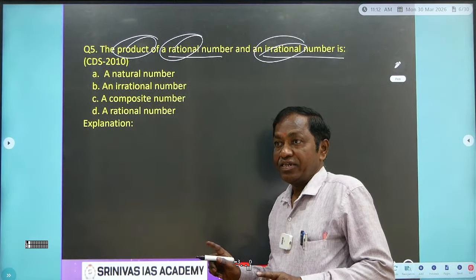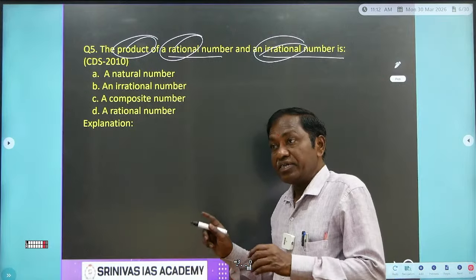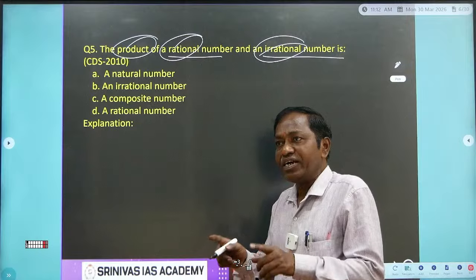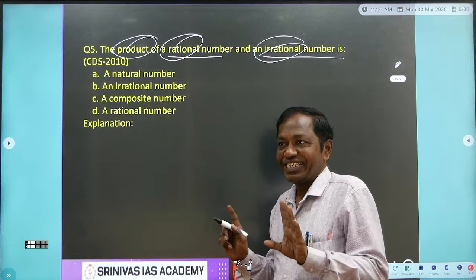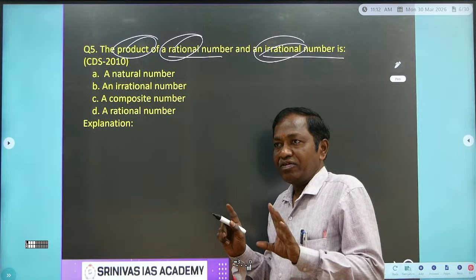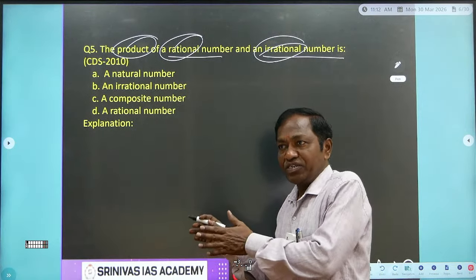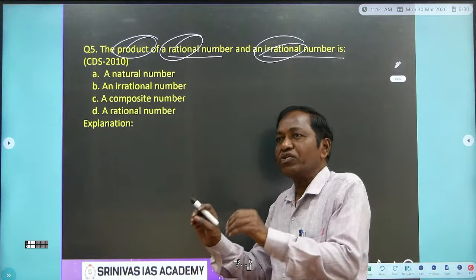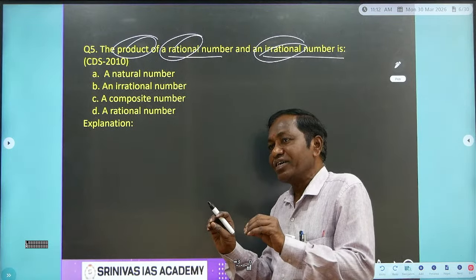Then exceptions for the definition of a rational number. The definition of a rational number is repeating or terminating digits. Then we cannot say it can be written in the form of p by q for the rational number definition. If you look at it immediately, it becomes a rational number, but actually it's not.